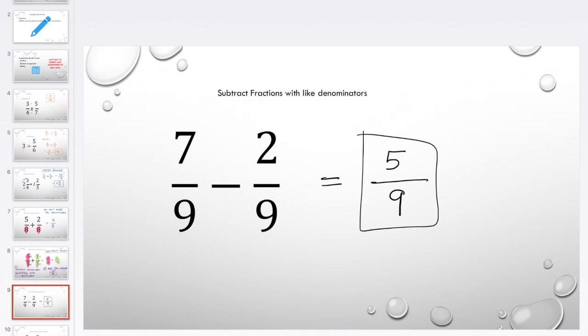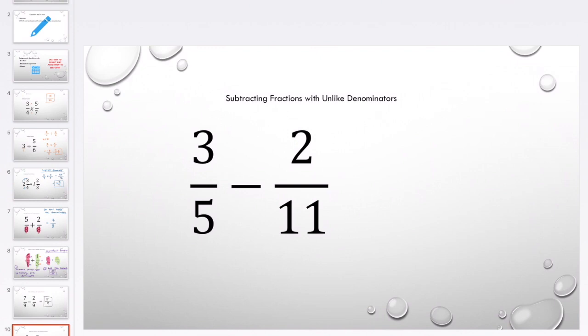Like denominators, you don't have to do anything, just subtract the numerators. Now, if it's a different denominator, then I have to do the same thing as before. I have to find a common denominator. So when you're adding and subtracting, you have to do this special case of finding a common denominator.